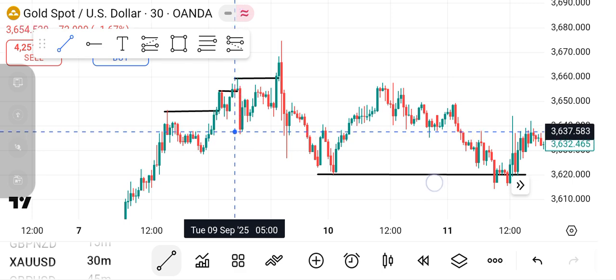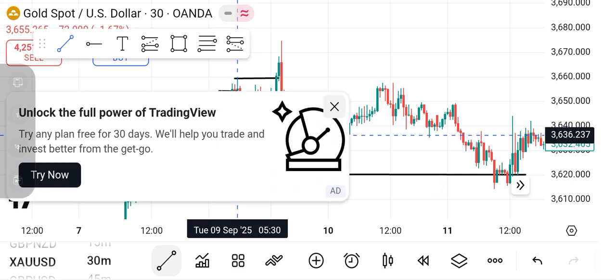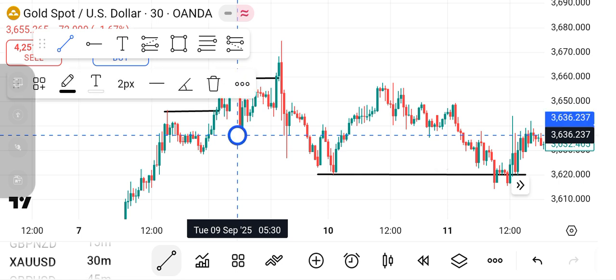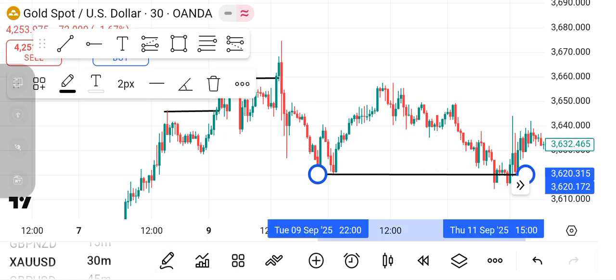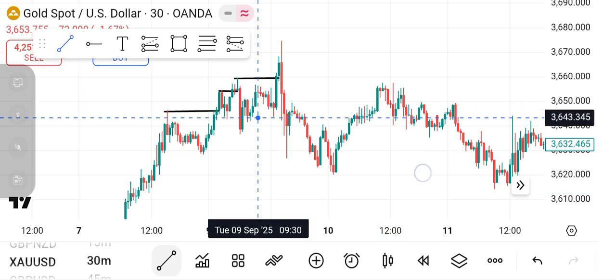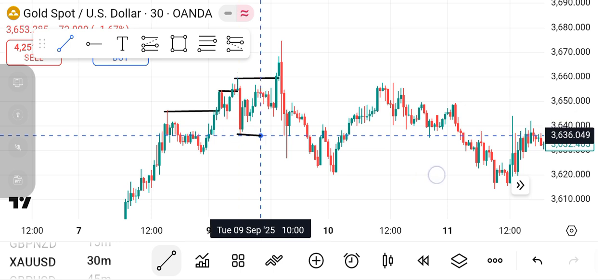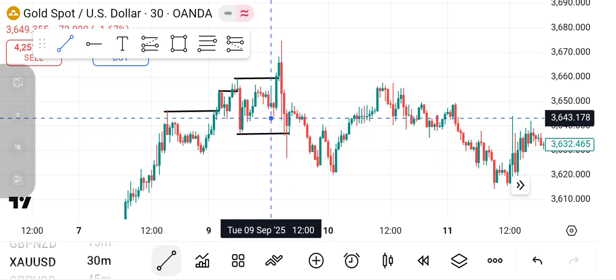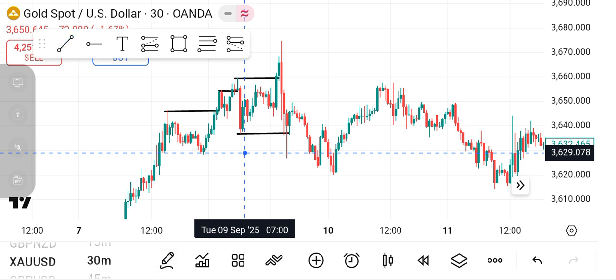Now another one right here. Now let me delete this drawing right here. Another one right here. Is this a break of structure or is this a sweep? Let me know in the comment section. Is this a break of structure or is this a sweep?